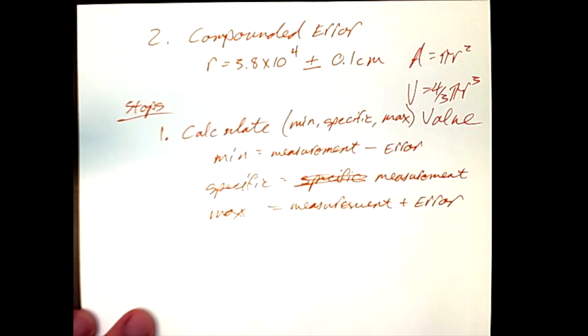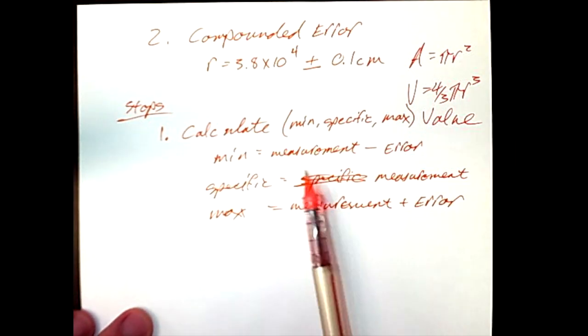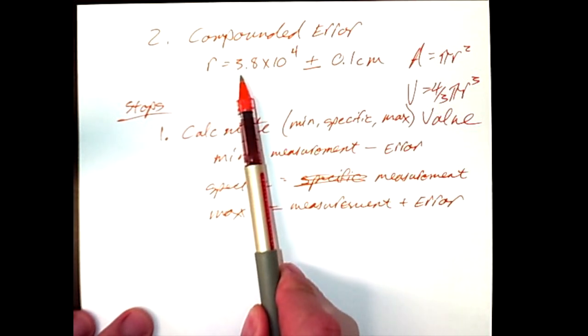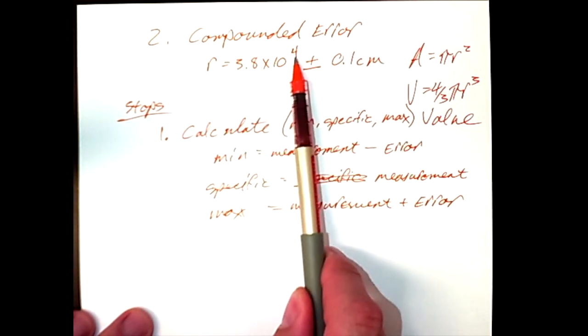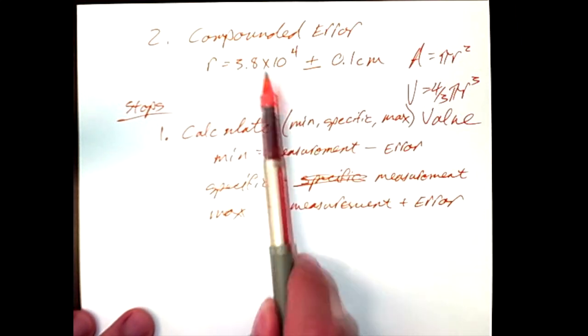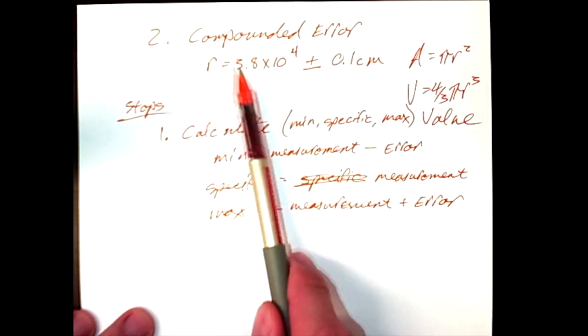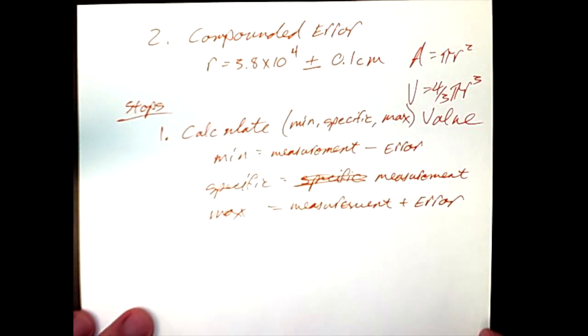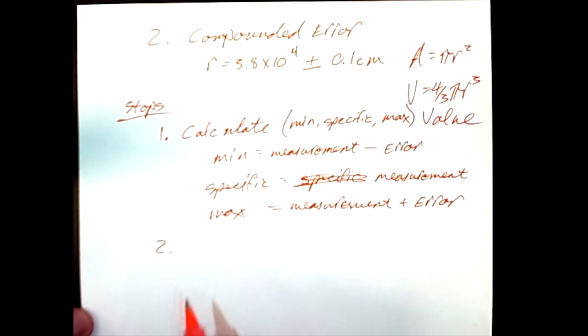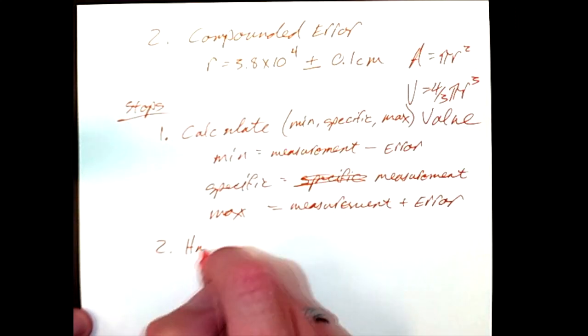So in this particular example, in order to calculate the various values, our specific would be 3.8 times 10 to the fourth. The minimum value would be 3.7 times 10 to the fourth, and the maximum value would be 3.9 times 10 to the fourth centimeters in each case. Once you've calculated the values, the second step is half the difference of the extremes.